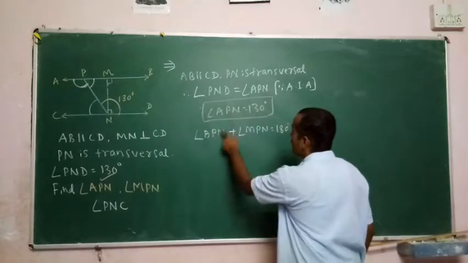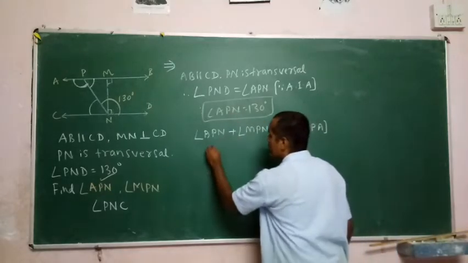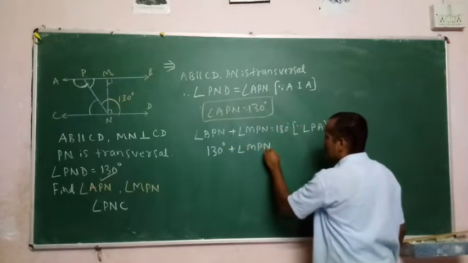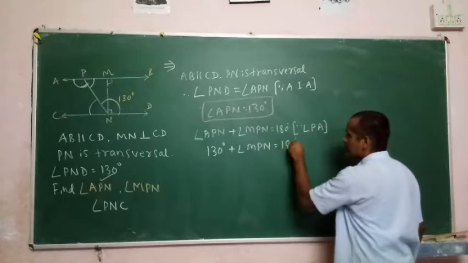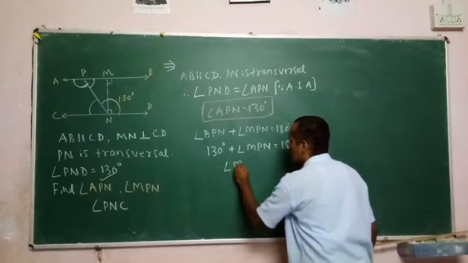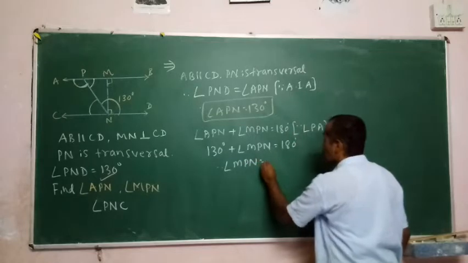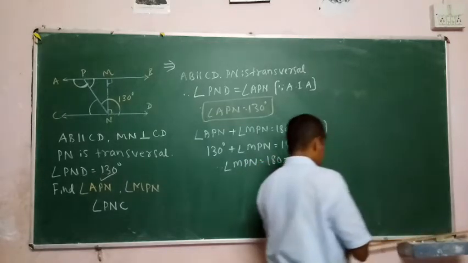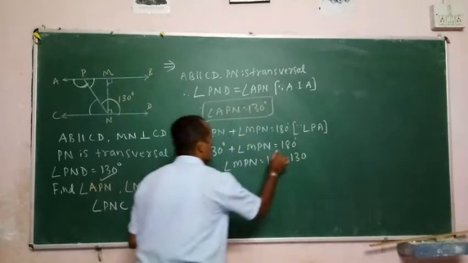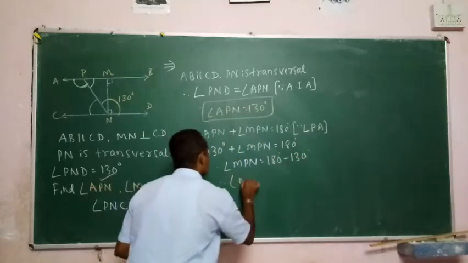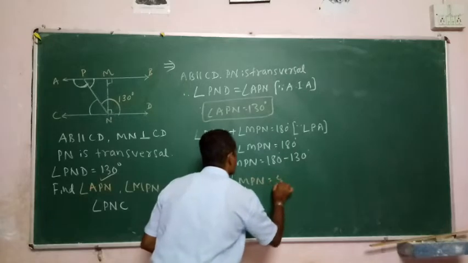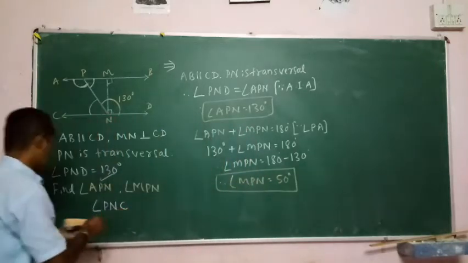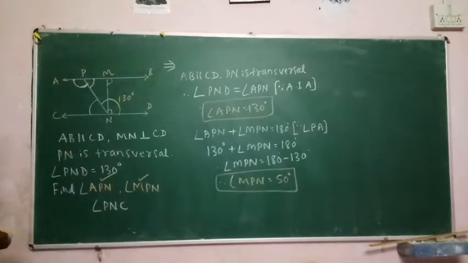Which angle is known? APN is known, 130, plus angle MPN is equal to 180. Therefore, angle MPN is equal to 180 minus 130. Answer is equal to 50 degrees. Therefore, angle MPN is equal to 50 degrees. That is the second angle we have found.